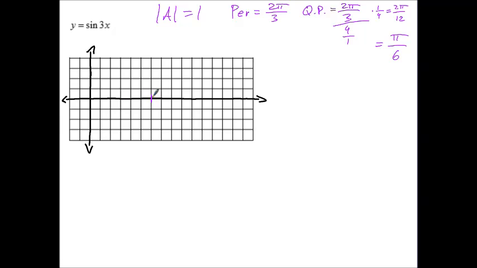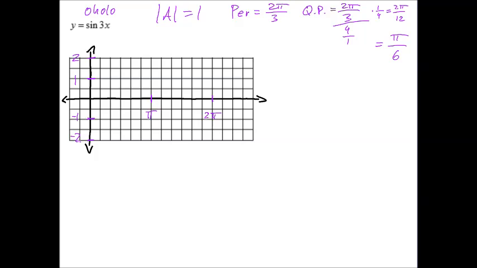After 6 boxes this time, we're going to get pi. After another 6, we're going to get 2 pi. No need to change anything on our y-axis. 1, 2, -1, and -2. This is a sine function, so our pattern is O holo.